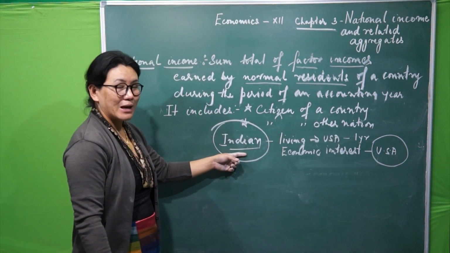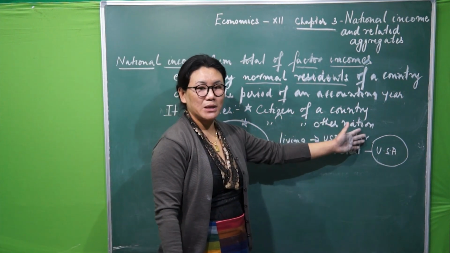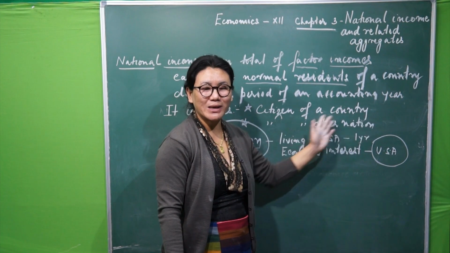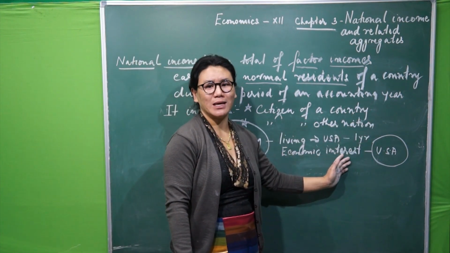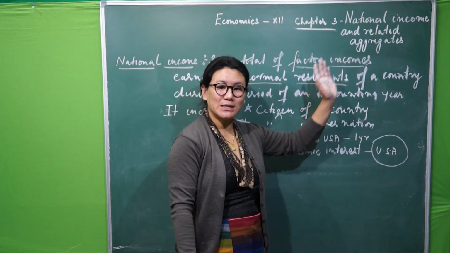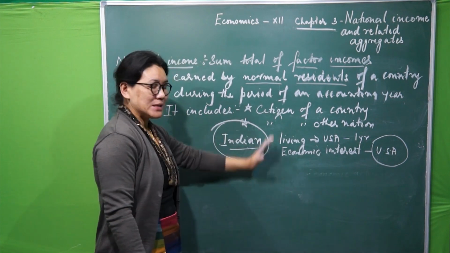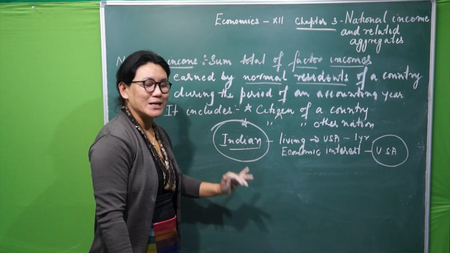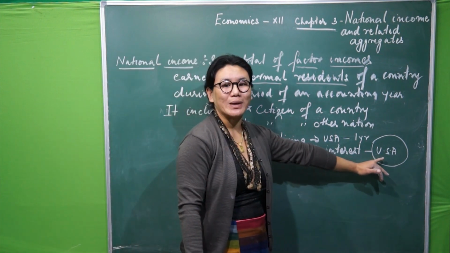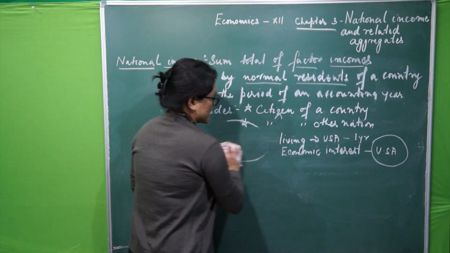We have taken here the example, an Indian living in USA for a period of 1 year or exceeding 1 year, or we can say staying there, and he is performing all his economic activities in USA. Then he is a citizen of India, but he will also be called a normal resident of USA. Got it? Okay.